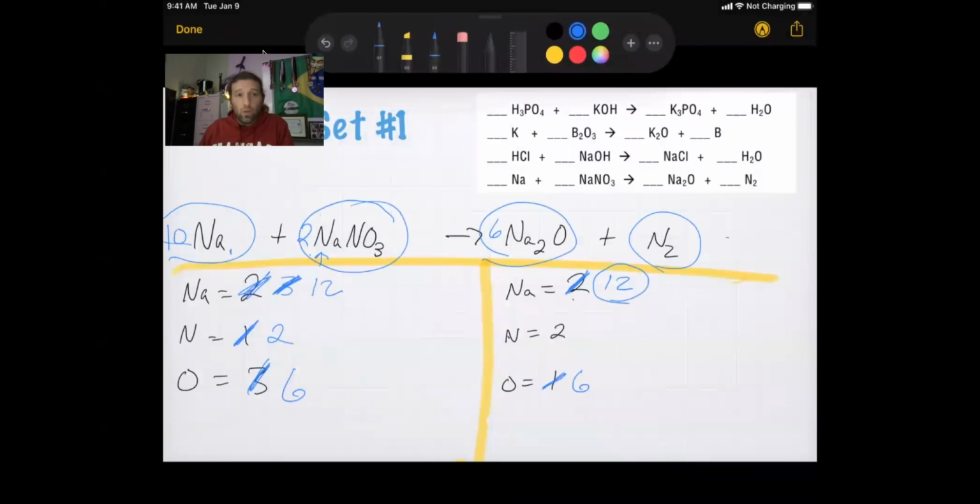If I were making a solution, or weighing out these molecules to mix them, I would want 10 parts sodium, 2 parts sodium nitrate. So it lets us know the ratio of chemicals we need to yield our products at the end and not have any leftovers. That's what you guys just figured out, just doing some basic math.